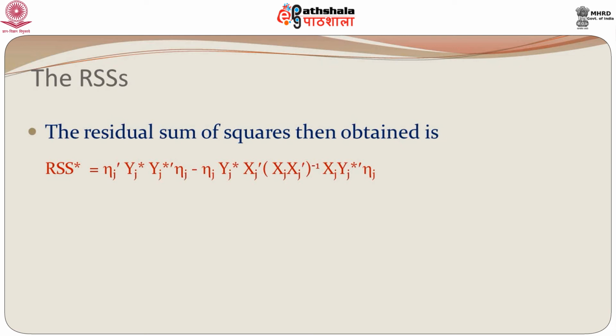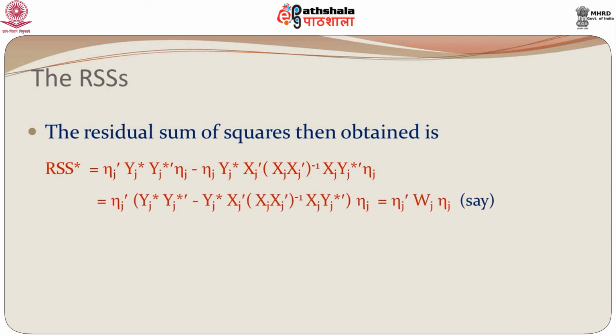If you simplify this, taking the eta j's on either side, we have eta j prime wj eta j. Now, wj is basically from the data, and the eta j's are the unknowns, which we have assumed till now to be known. This is the first RSS that we get.